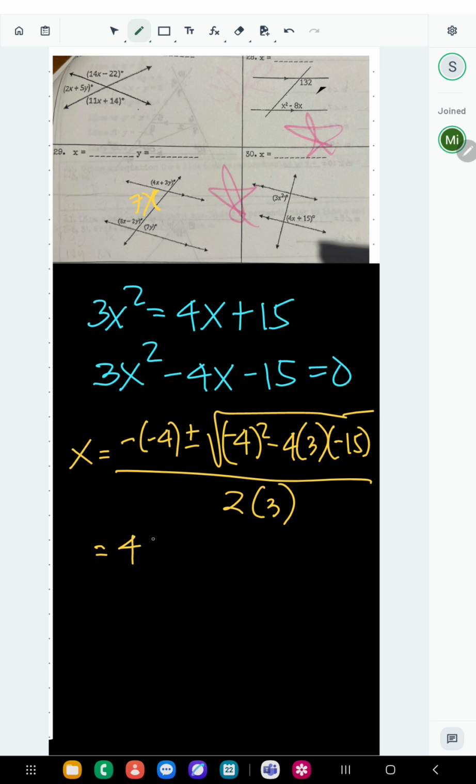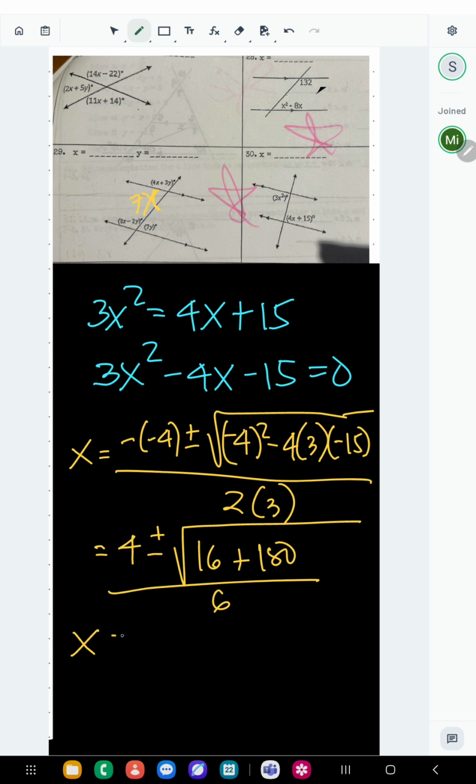So this is 4 plus or minus the square root of 16 plus, what is 4 times 3 times 15? Okay, so this is 180, over 6. And 180 plus 16 is 196.